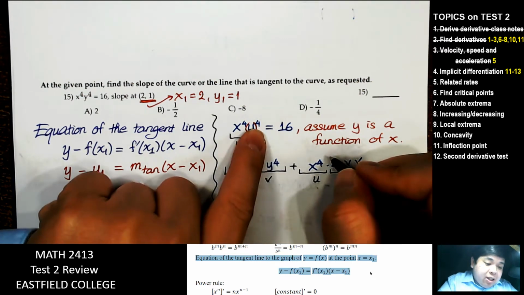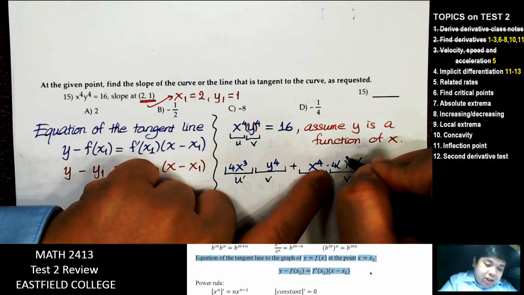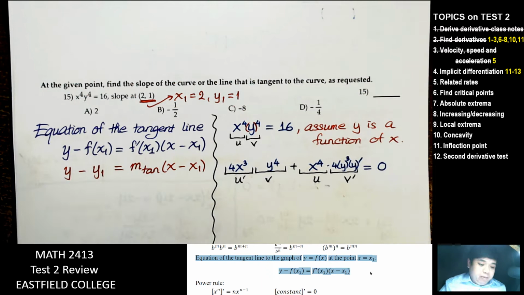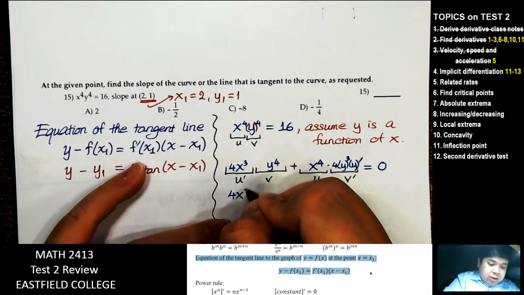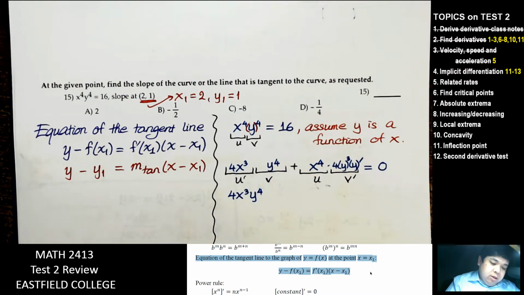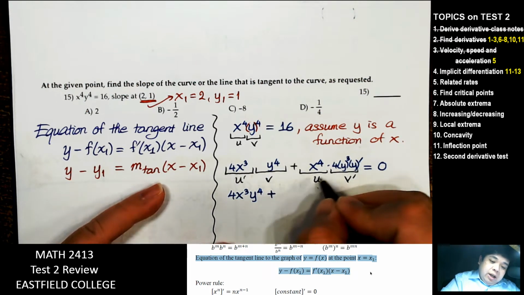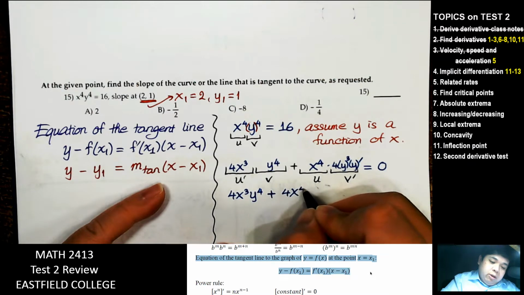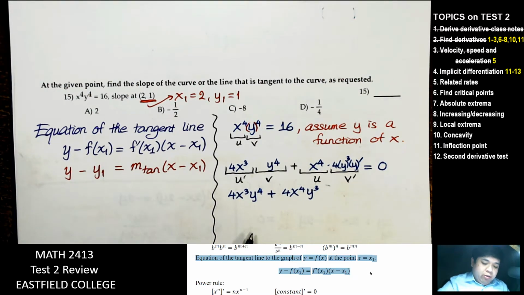Sorry, this is y to the 4th, so 4 parentheses cube and parentheses prime. Right. So this will be 4x cubed y to the 4th, and then plus this will be 4x to the 4th y cubed and then dy over dx.